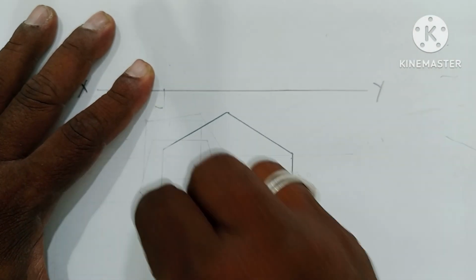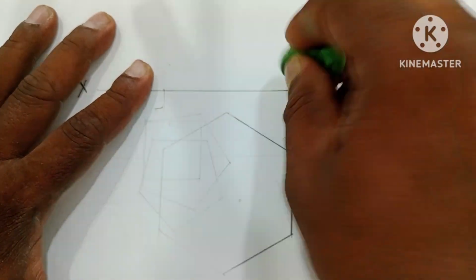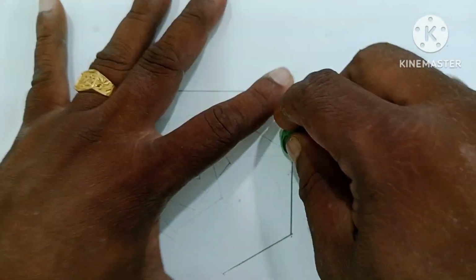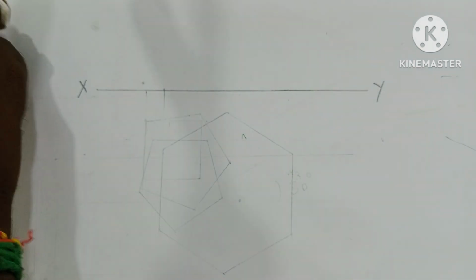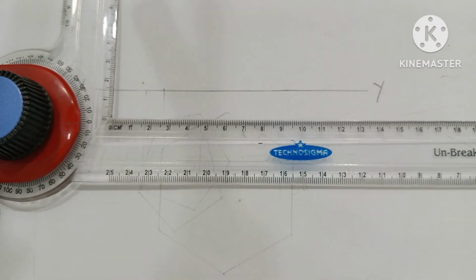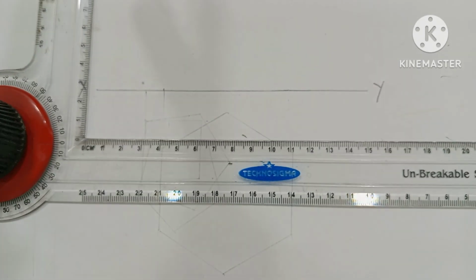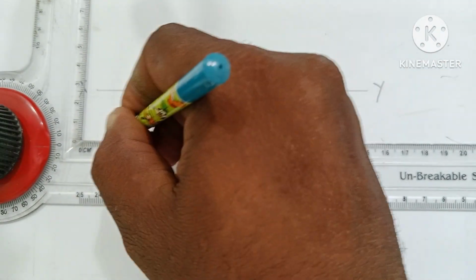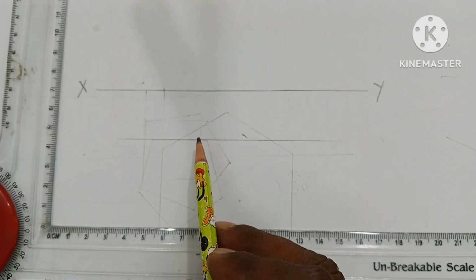So I will also draw it for one of the sides of your hexagon parallel to the XY line. In that case, the orientation of your hexagon changes. Using the drafter scale, draw a line parallel to the XY line using an H or 2H pencil as reference. On this reference line, one of the sides of your hexagon must coincide.